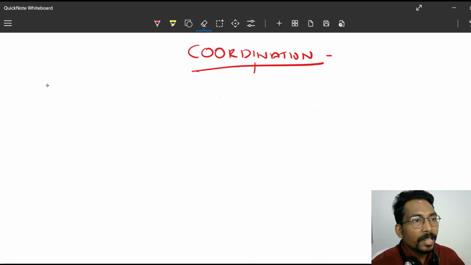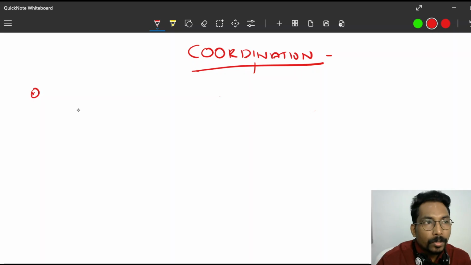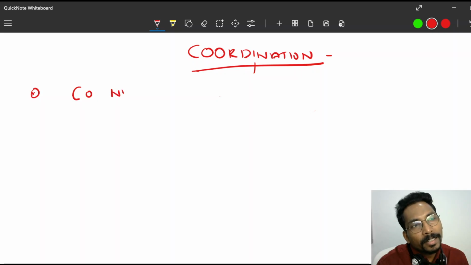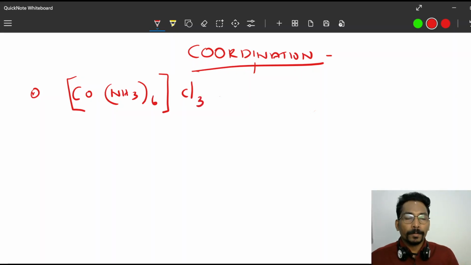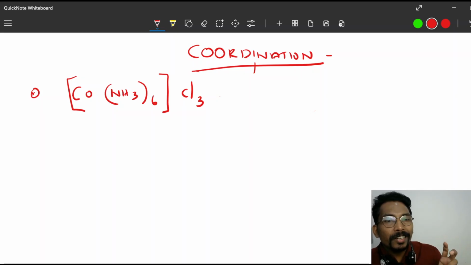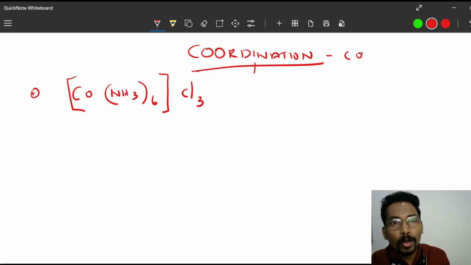Okay, so we can take one example, the first compound. For example, Co is the central atom, and NH3, ammonia, 6 times, and Cl3. See, coordination compounds are called complex compounds.